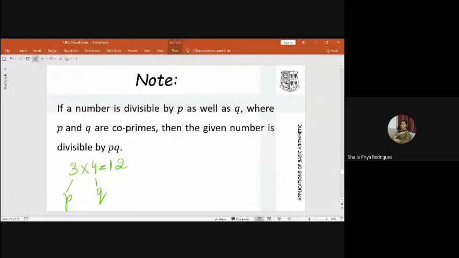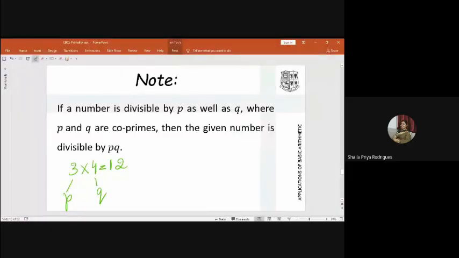Any number is divisible by the product pq, here 3 times 4, which is 12, if that number is divisible by both p and q. This works only when p and q are co-prime.